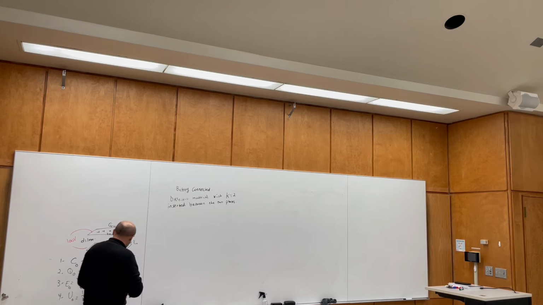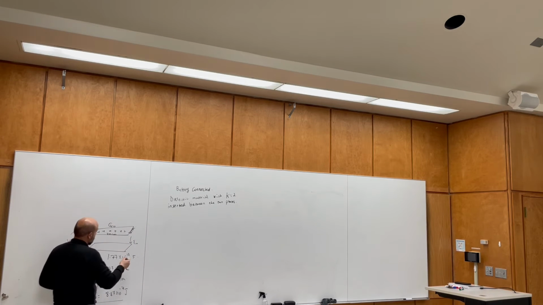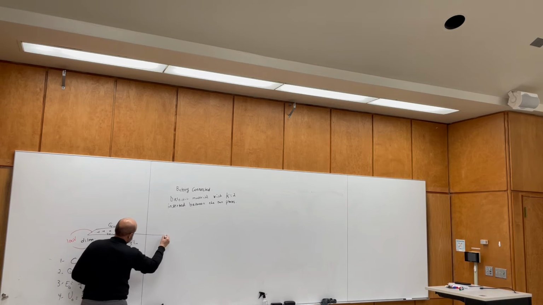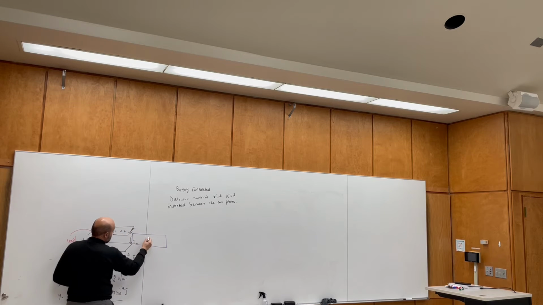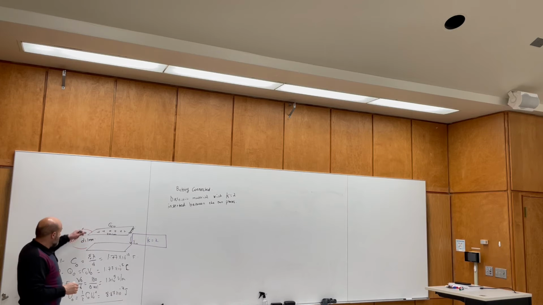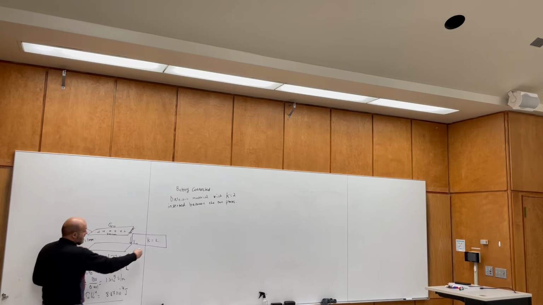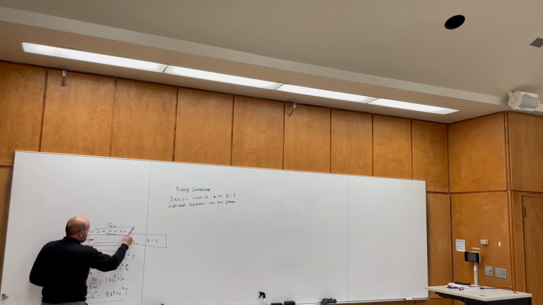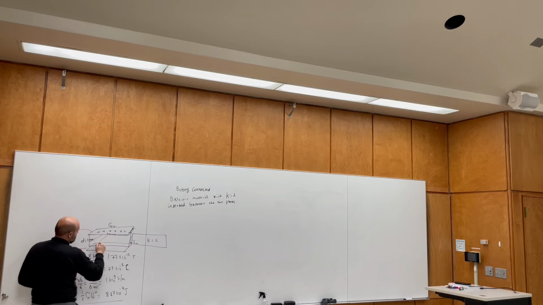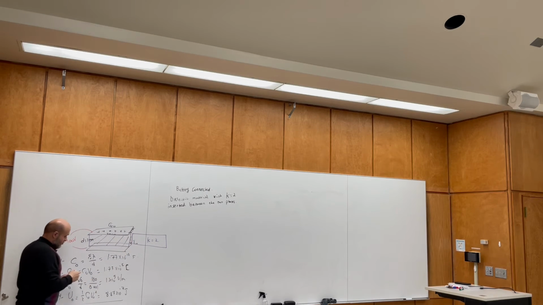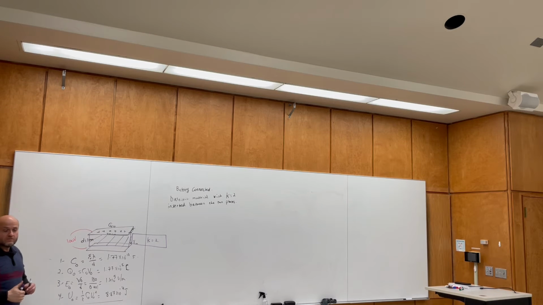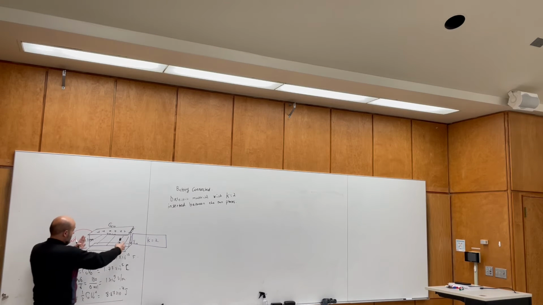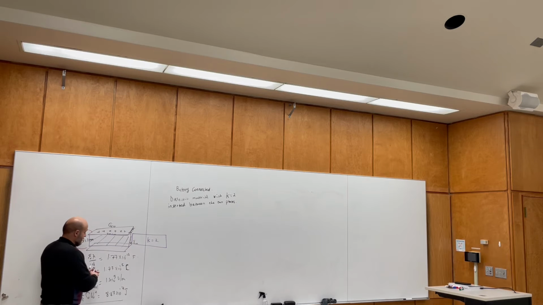So imagine we have this dielectric material, K equals 2, and we keep the battery connected, and we slide this between the two plates, completely filling the space between the two plates. Now we have a new system with dielectric inside.